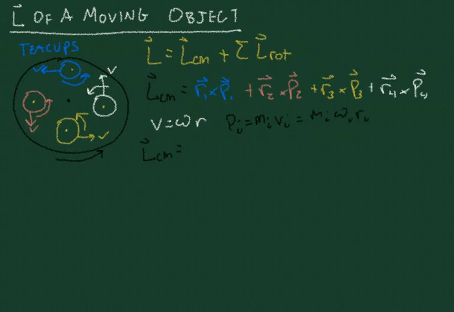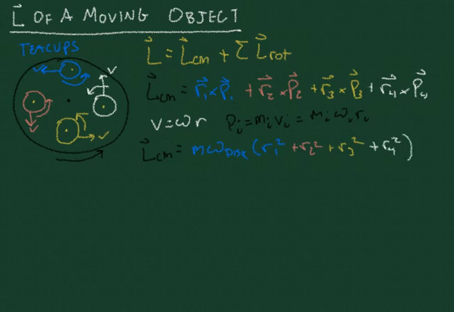So the magnitude of the angular momentum of the center of mass is just m omega for, we'll say, a disk in this case, or whatever the teacup is, r1 squared plus r2 squared plus r3 squared plus r4 squared.